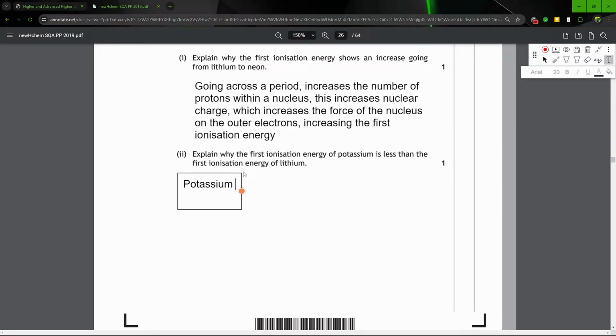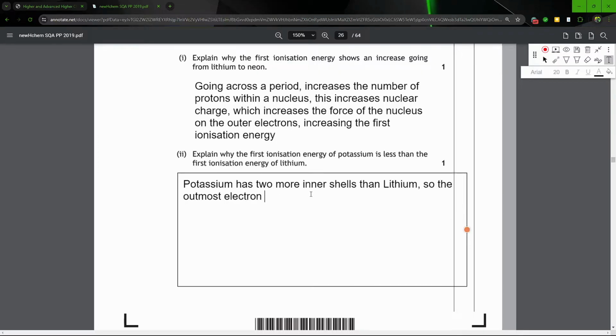Potassium has 2 more inner shells than lithium. So the outermost electron is better shielded from the force exerted by the nucleus when compared to lithium.